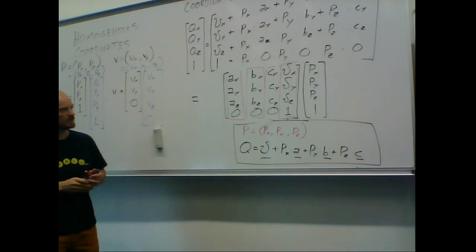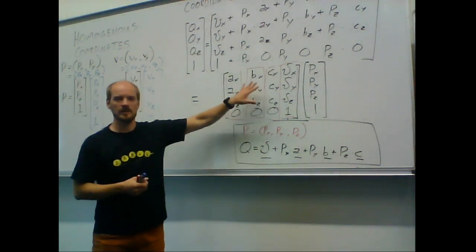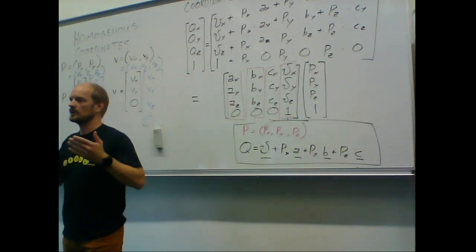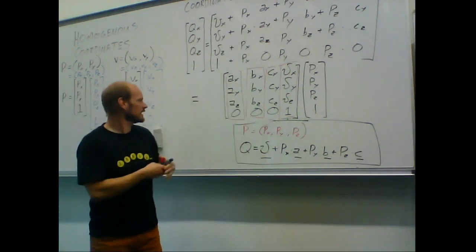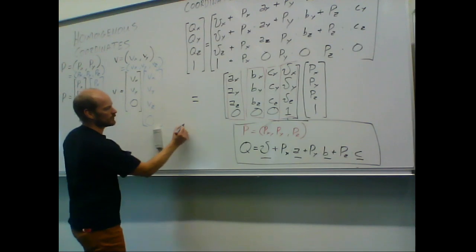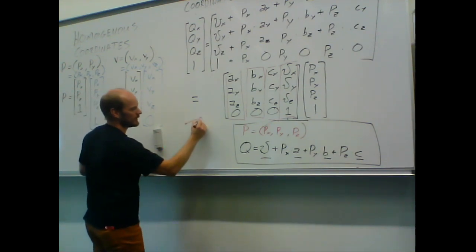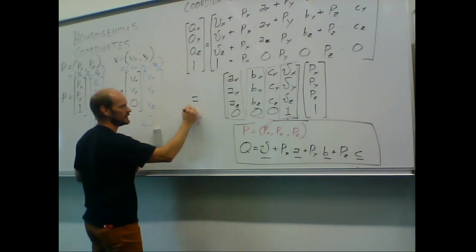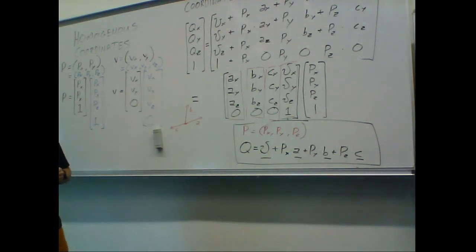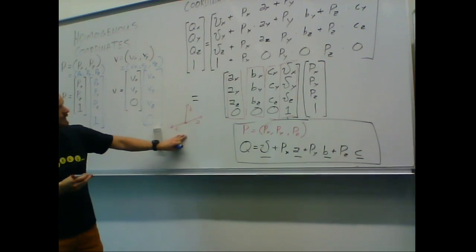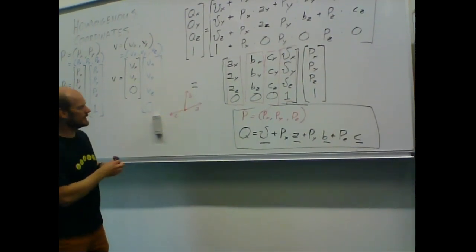So our transformation matrix is basically our coordinate frame, this arbitrary coordinate frame that we set up, with some point of origin, and some vector A, vector B, and vector C. Now these are the 3 dimensions.